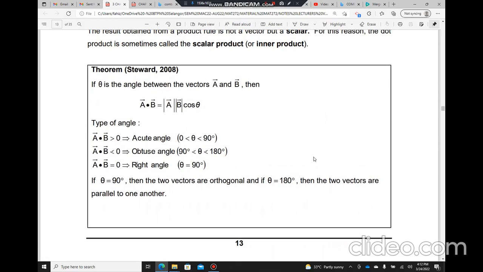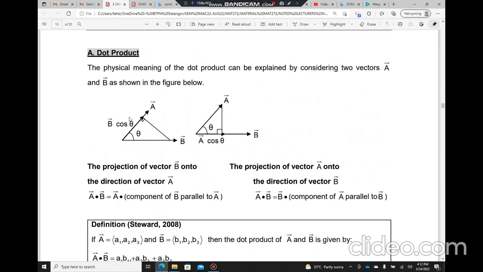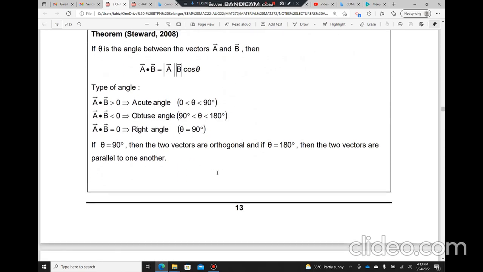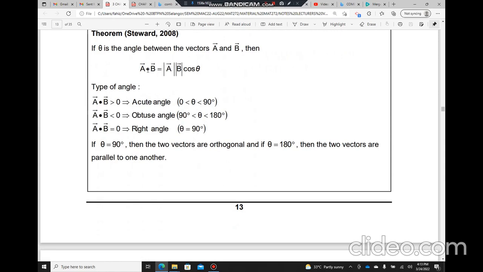Next, this one from Stewart, we have a theorem here. If theta is the angle between the vectors A and B, this theta is the angle between A and B. So when we multiply A dot B, it equals magnitude A, magnitude B cos theta. Then for the types of angle, we have three types here.